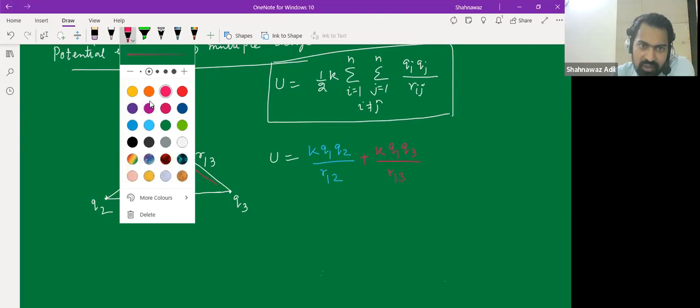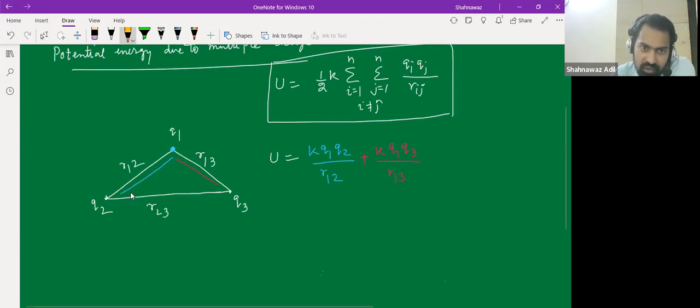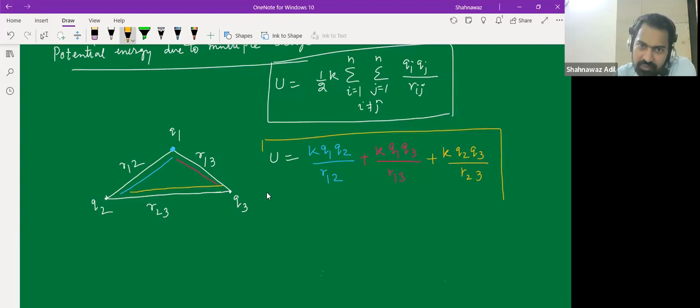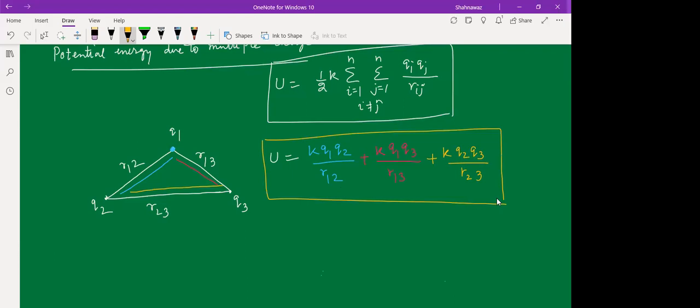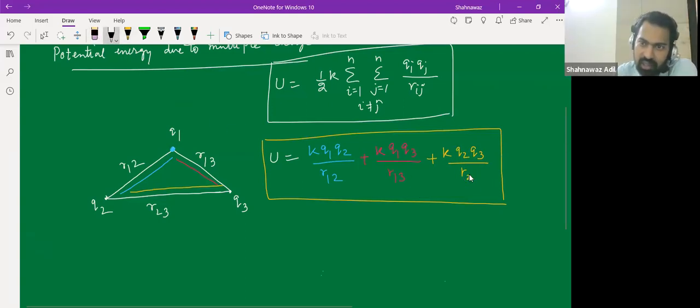We have this interaction, so this would be K Q2 Q3 by R23. Can we have any other interaction, any other possibility? No. So these are the possible interactions.